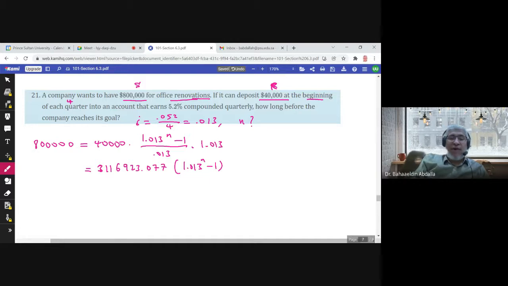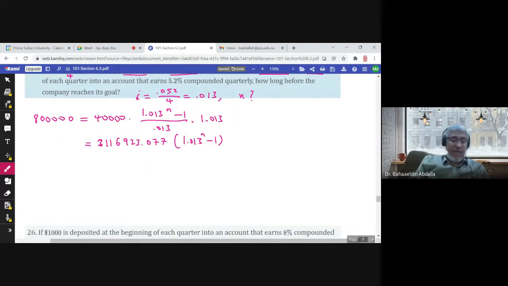All right. And now I'll divide 800,000 by this number. It's about 0.2567, so that equals 1.013 to the power n minus 1.